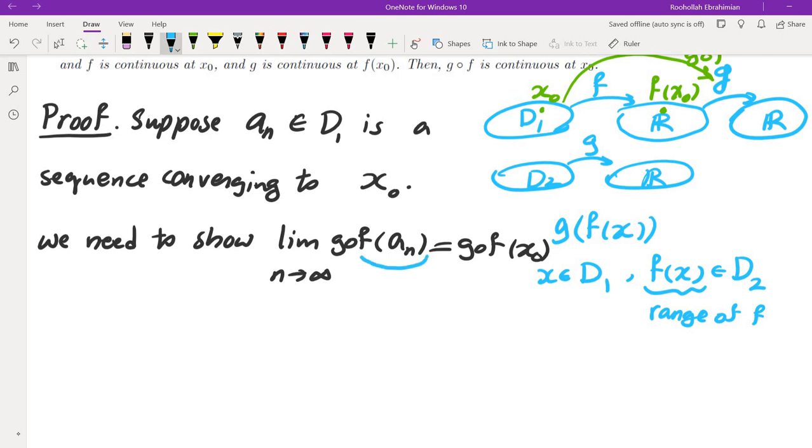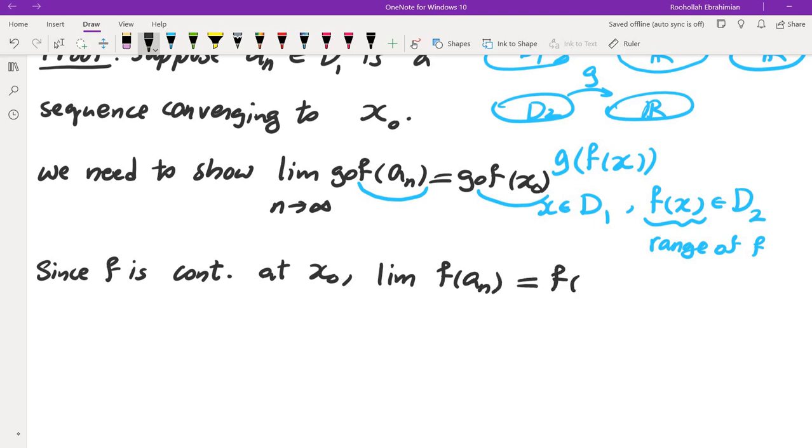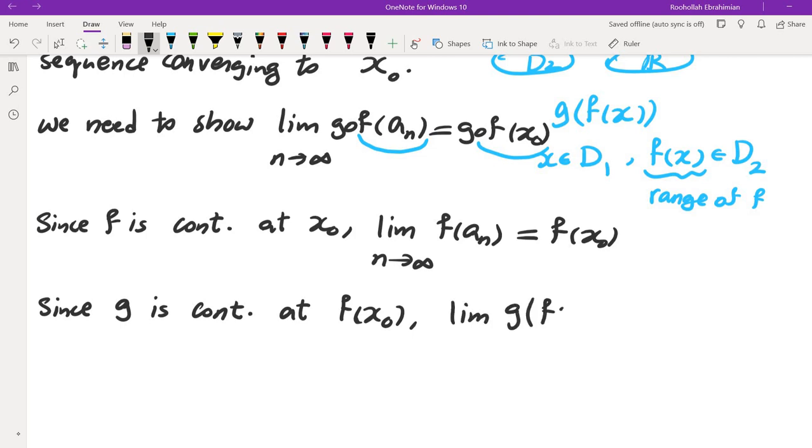If you look at the inside, f of a_n approaches f of x naught. So since f is continuous at x naught, the limit of f of a_n is equal to f of x naught as n approaches infinity. Now, since g is continuous at f of x naught, the limit of g of f of a_n as n approaches infinity is g of f of x naught.